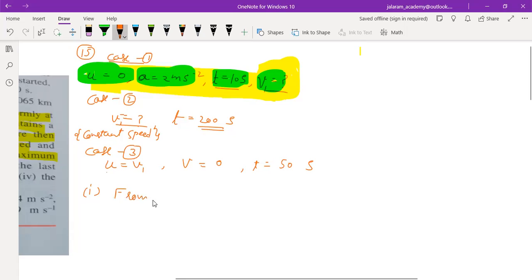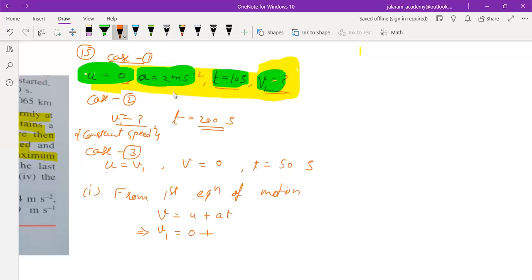So we write from the first equation of motion, v equals u plus at. We have to find v, and have assumed it to be V1. u, it starts from absolute 0, plus a is given 2, into t is also given 10. 2 tens are 20, plus 0, 20 meters per second.